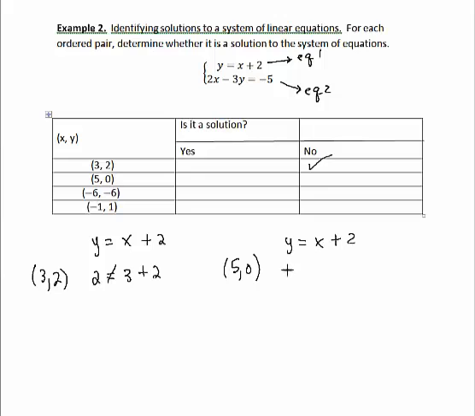If we test the next one, we have 0 for y, 5 for x, and then we add 2 to it on the right. And this isn't true. 0 does not equal 7. And so this ordered pair doesn't work for equation 1. So it cannot be a solution to the system.